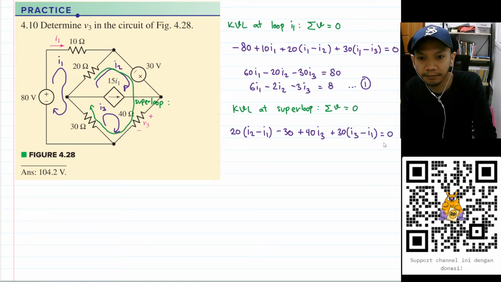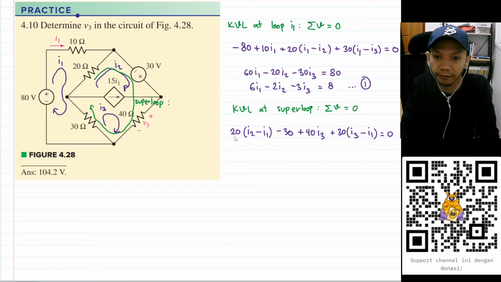Now let's do some math here. For I1, I will have minus 20 and minus 30, so minus 50 I1. For I2, I only have plus 20 I2. And for I3, 40 plus 30, which is 70, so plus 70 I3.